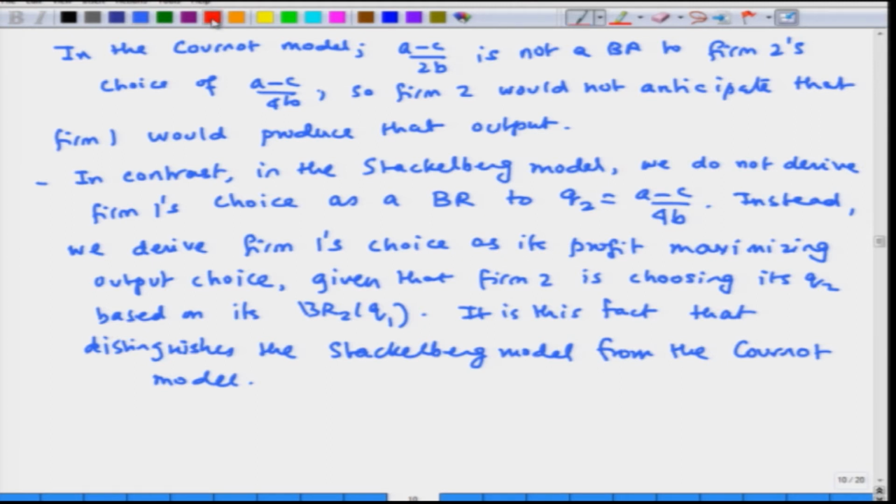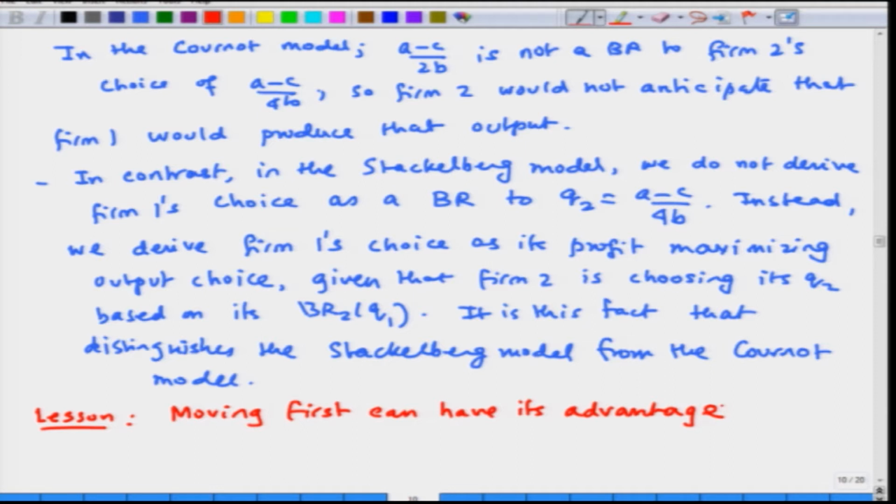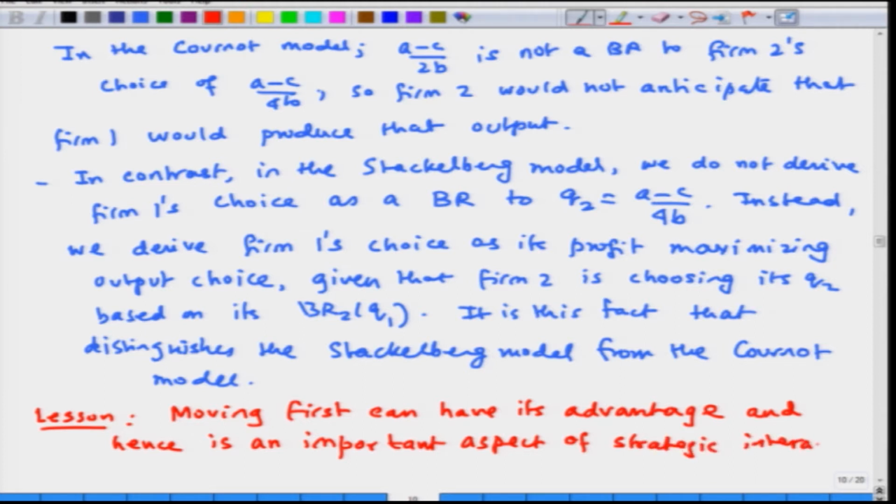So, to summarize, a big lesson that comes out from the Stackelberg model is that moving first can have its advantage. So, firm 1 which is the leader moves first, earns a larger profit, and hence is an important aspect of strategic interaction, right.